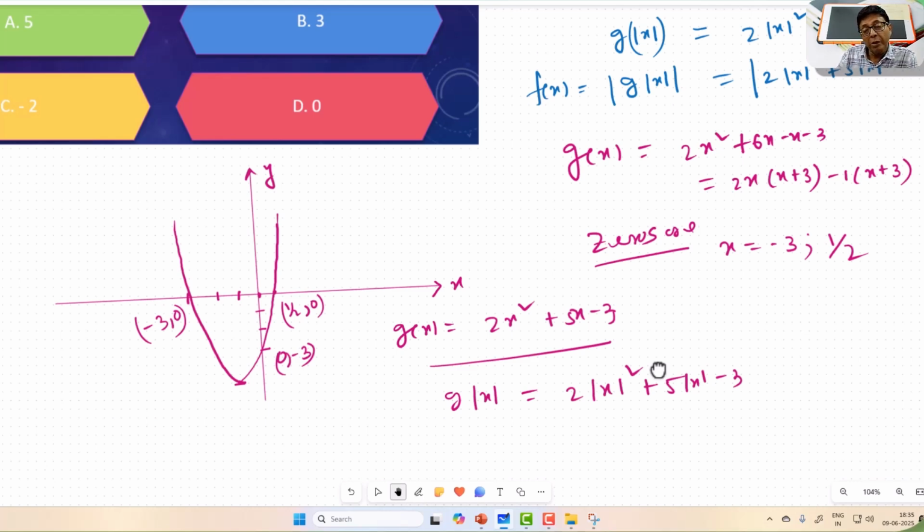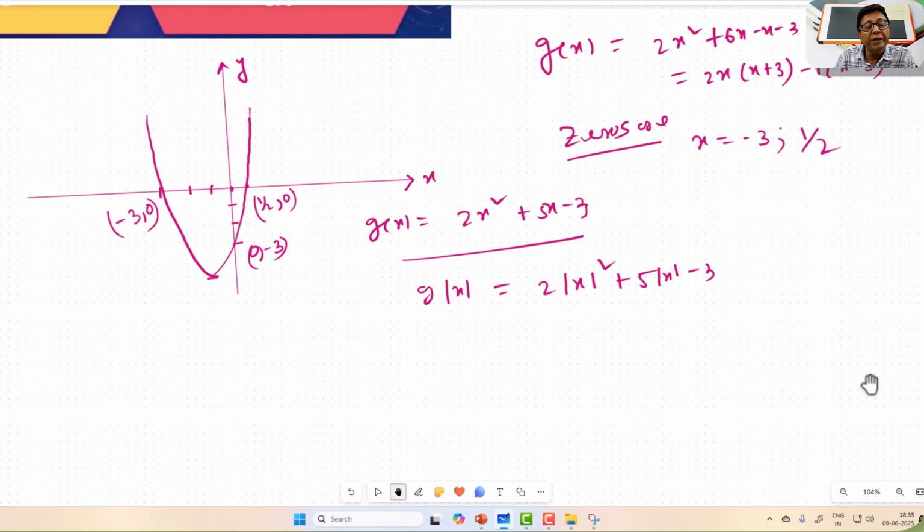You have to remove the portion of the graph lying on the left side of the y-axis, and then take the reflection of the remaining portion about the y-axis, isn't it?